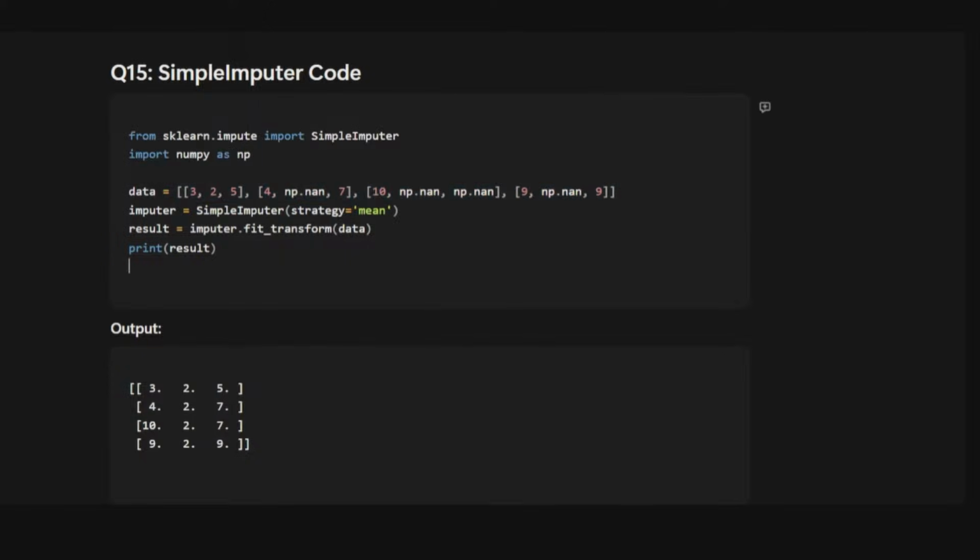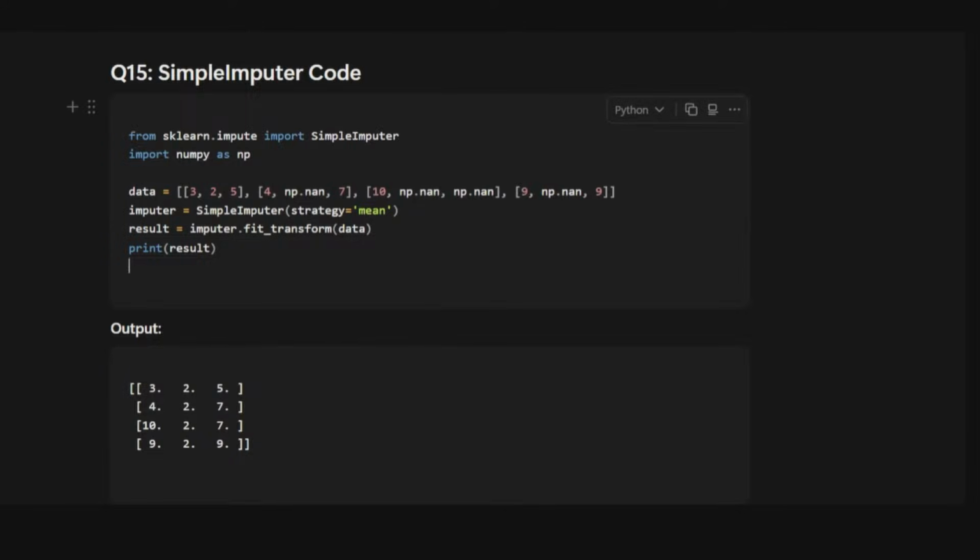For this, first things first, they have not given what strategy to use. And we all know that simple imputer has mean, median, most frequent, and constant, but the default is mean. Since they have not provided, you can work with any of the four, but to be on the safer side, I think it's better you go for mean.